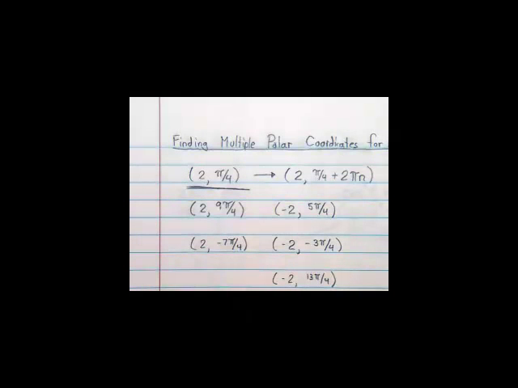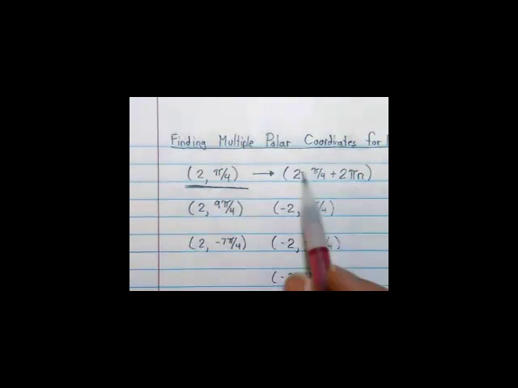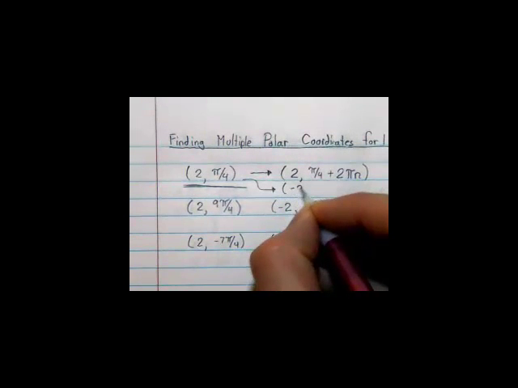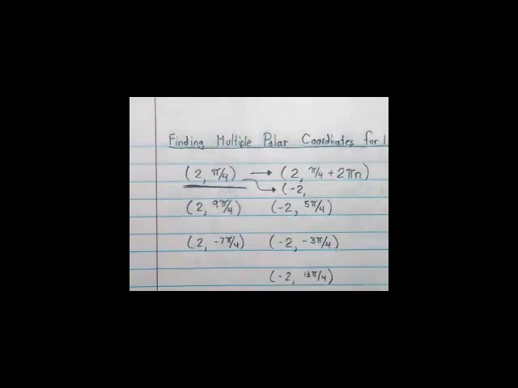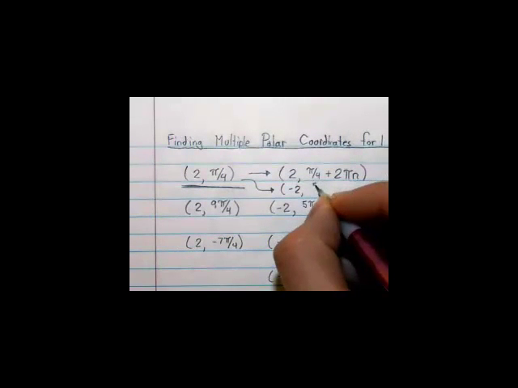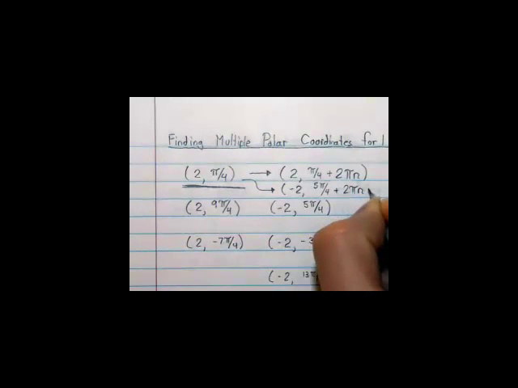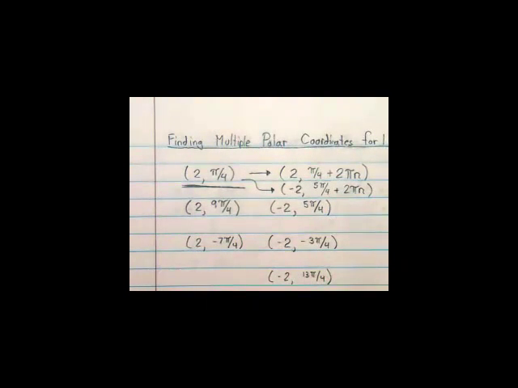Where you add multiples of whatever. It's positive, you'll get that. All of the polar coordinates that have the same position.